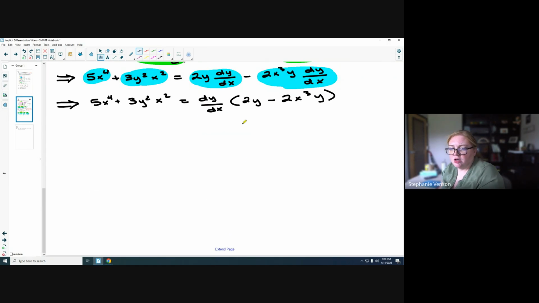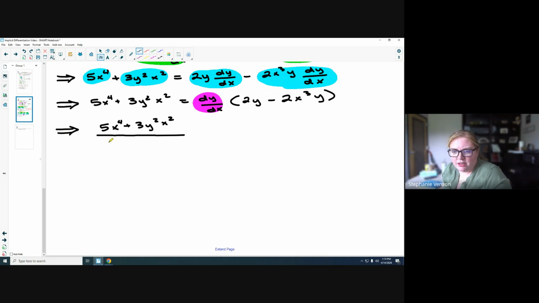There we go. Okay, so I want to isolate dy dx. So I'll divide both sides by this whole set of parentheses that is currently being multiplied by dy dx. So we get 5x to the 4th plus 3y squared x squared divided by 2y minus 2x cubed y equals dy dx.